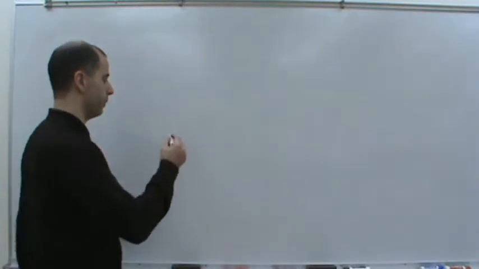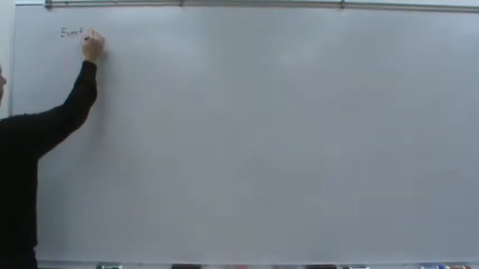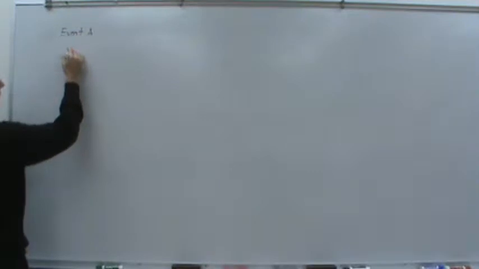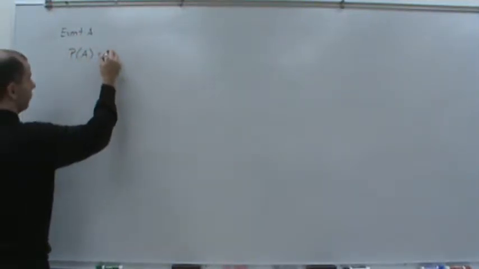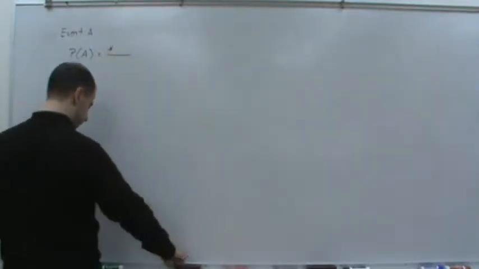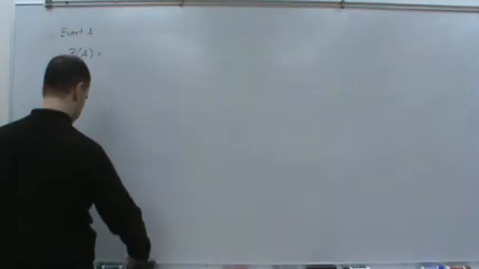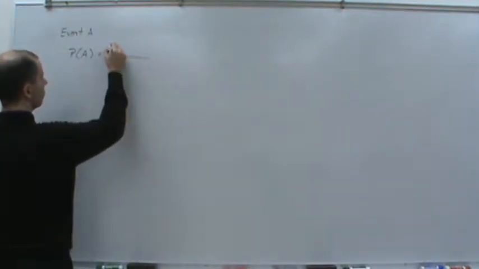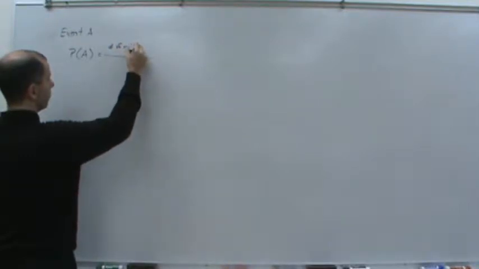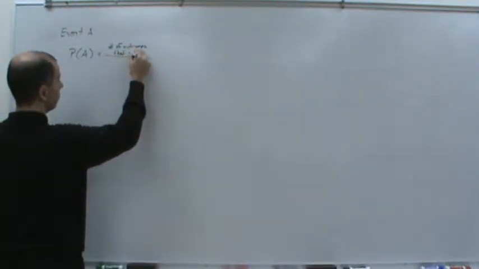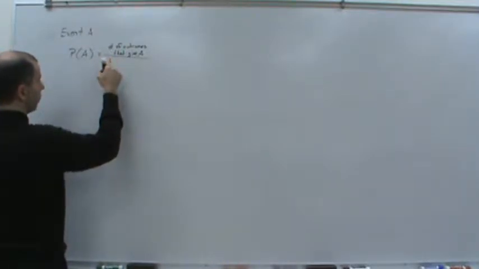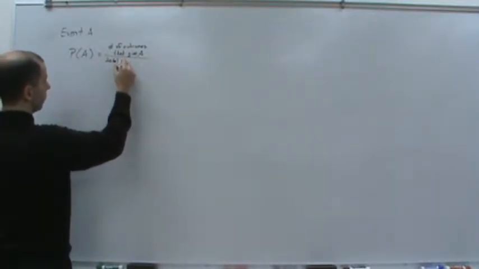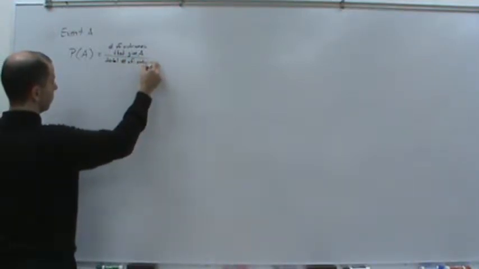So we understand that the probability of an event A is going to equal the number of outcomes that give A divided by the total number of outcomes in the sample space S, okay?